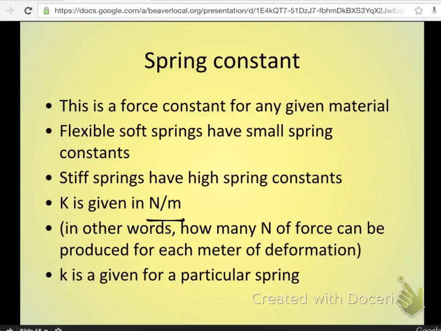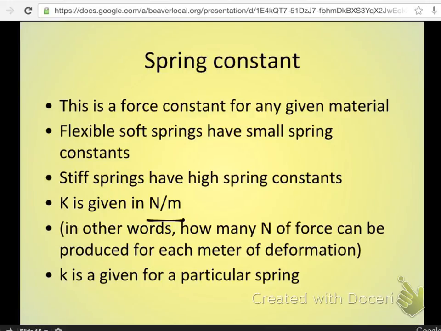If we deform two pieces of material by 1 meter, and one of them generates 3 newtons of force, and one of them generates 300 newtons of force, you know which one I'd rather get hit with? The 3. I want to get hit with the low spring constant. You don't want to get hit with something with a high spring constant.